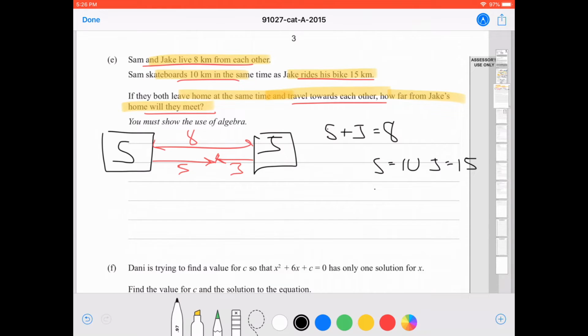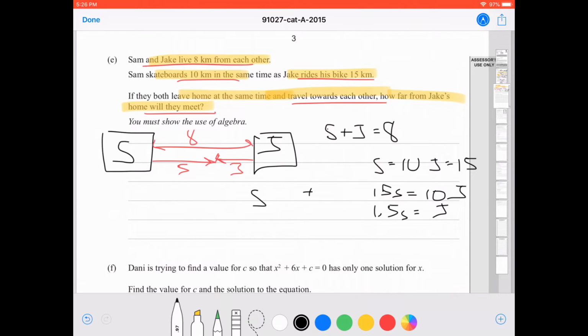Okay, so we can say 15S equals 10J. And if you were to substitute our numbers, S equals 10 and J equals 15 in, you would find that indeed the equation is true. Okay, we could also divide by 10 on both sides and say 1.5S equals J. And if I was to just prove this for a second, we could draw a bit of a table.